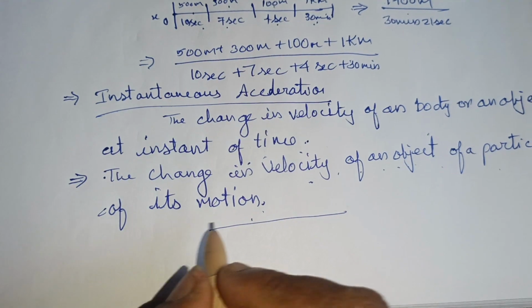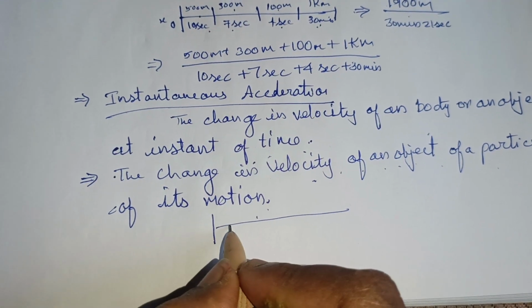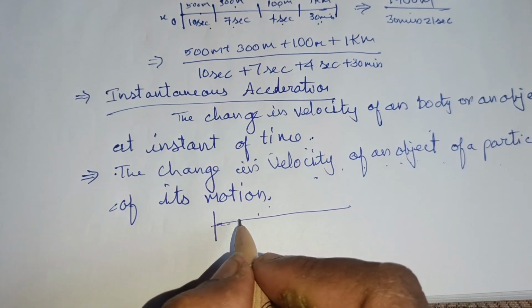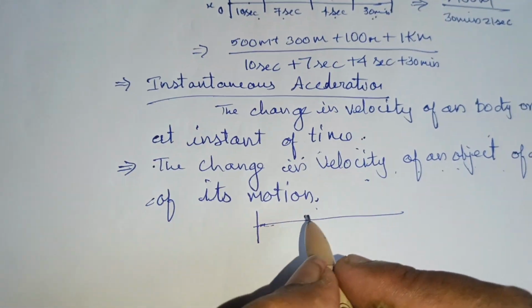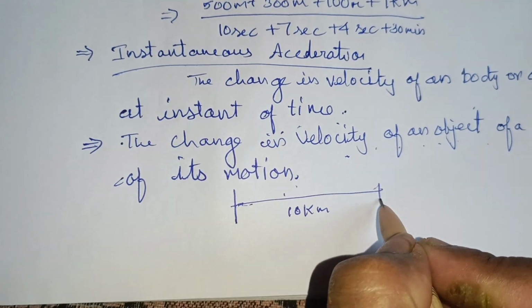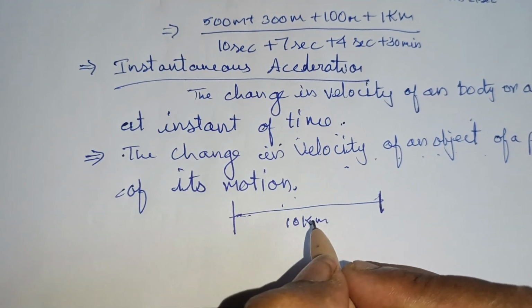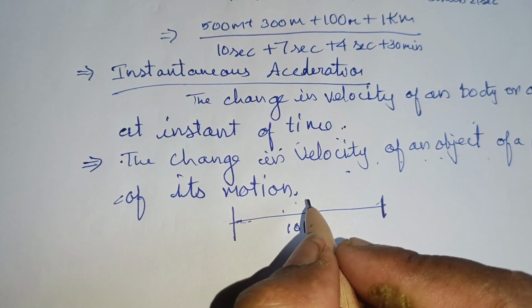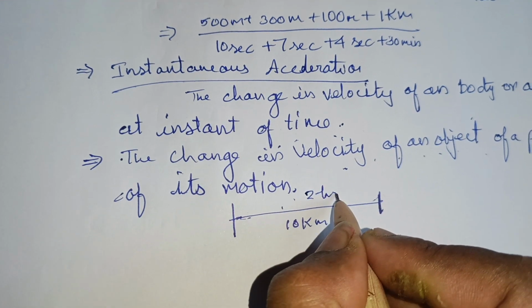Sir, can you explain this in graphical sections? Suppose the body has traveled 10 kilometers in a whole time duration of 2 hours.